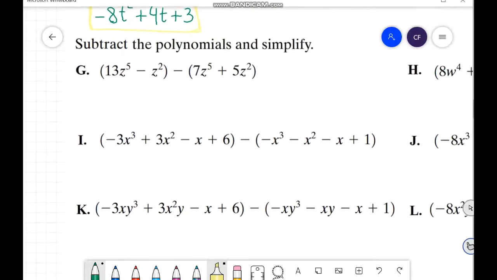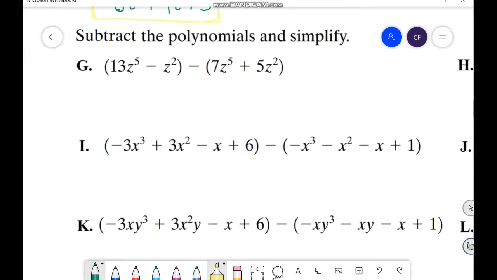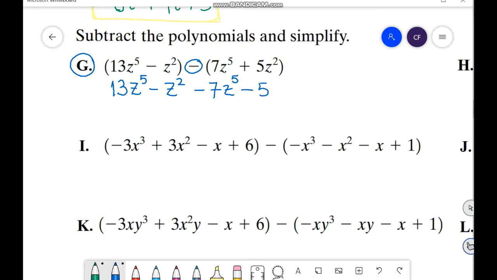For the second part, let's work on letter G. Subtract the polynomials and simplify. Repeat the first polynomial exactly the way it is, and change the second polynomial using the opposites. Write down the opposite here. The terms that are positive become negative, and the terms that are negative become positive. Now we have only positives, so this one will also become negative.